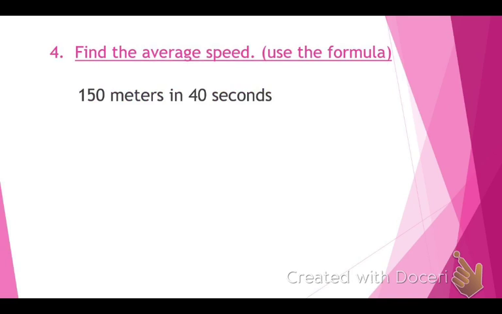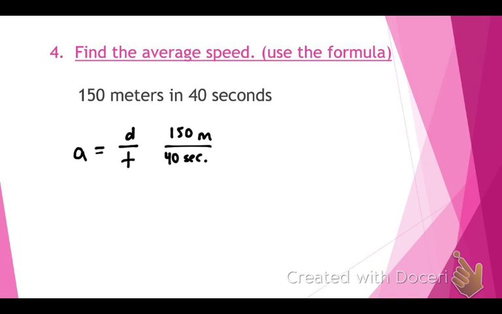For this one, it's asking you to find the average speed. What's the formula for average speed, guys? Distance over time. Okay, average speed equals distance over time. So always start with that formula. Looking at this one, what's my distance? 150 meters over, what's my time? 40 seconds.